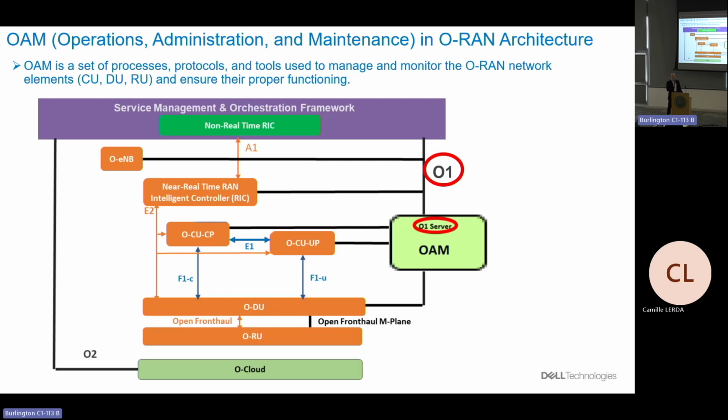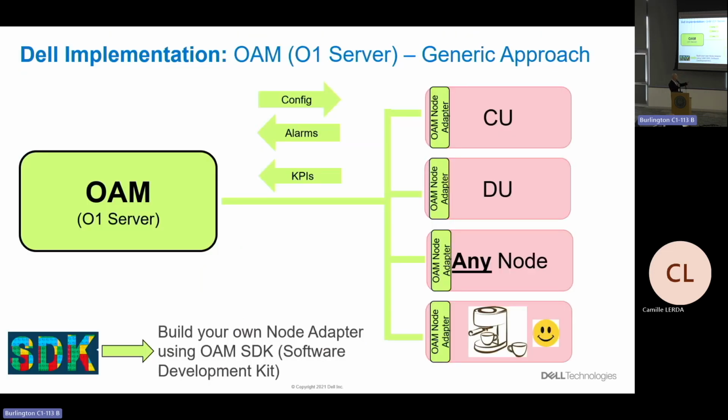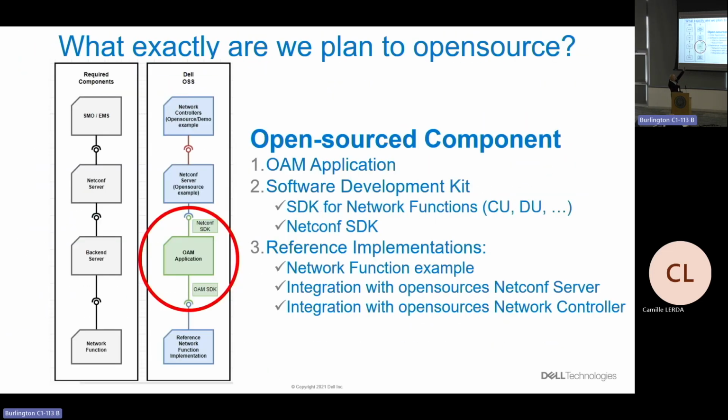Yeah, so deployment-wise, this OAM server could be in a one-to-one relationship with a network function, or it could be in a one-to-many relationship with network functions running in that same server with OAM. The OAM is hiding behind the netconf server, so it communicates northbound. If I go here, you see the netconf server northbound from OAM.